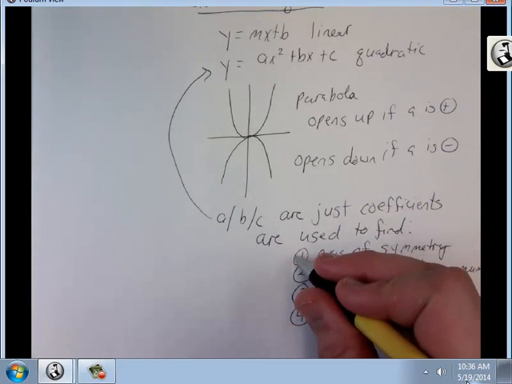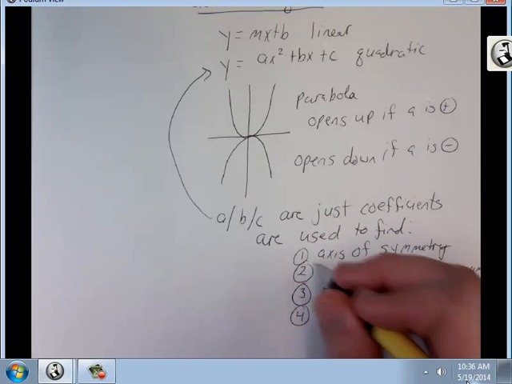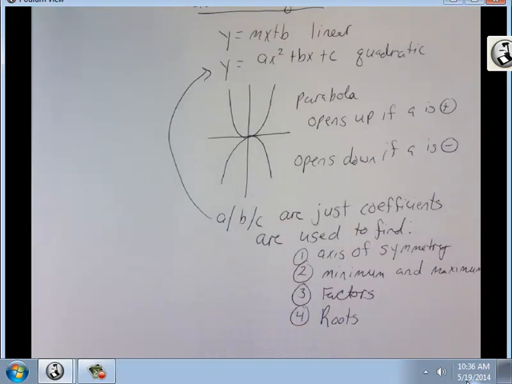So we're going to focus first off on the top two here, axis of symmetry and minimum and maximum. And those actually are pretty simple to calculate.